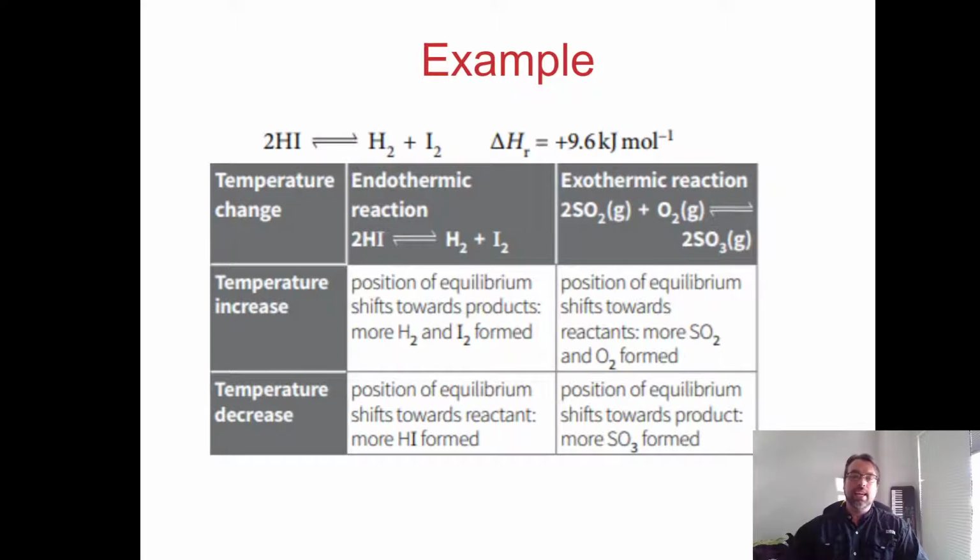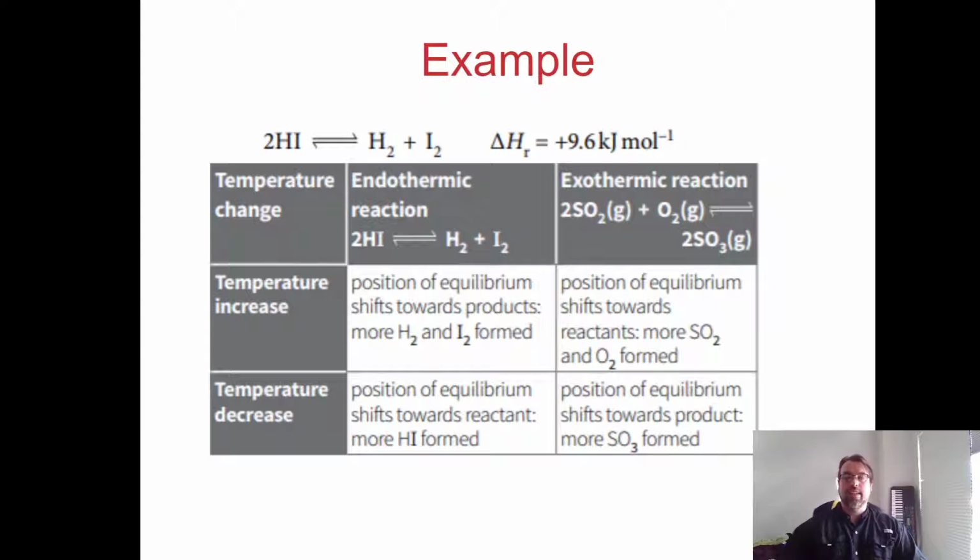If we increase the energy, we're going to shift it to the right, because it's increasing in energy. If we decrease it, we're going to shift it to the left.